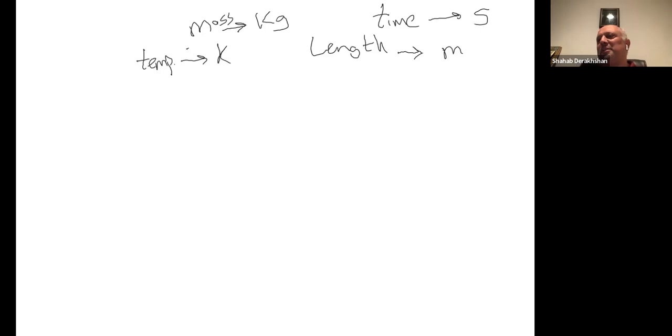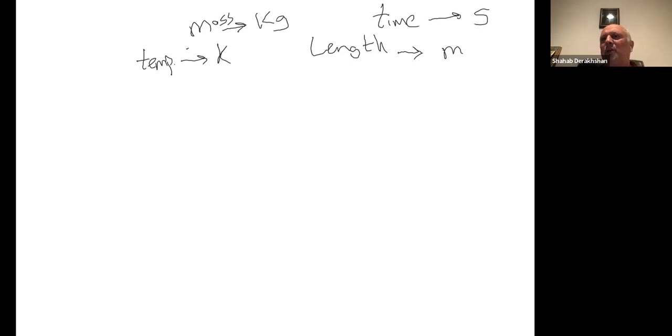Length could be kilometers, could be centimeter, could be miles. Temperature, in addition to Kelvin, we could have degrees Celsius or centigrade. In the US, we use Fahrenheit, for example. These are different units.